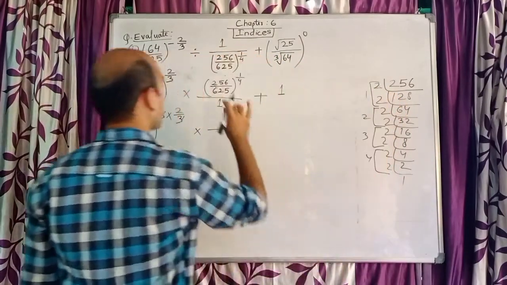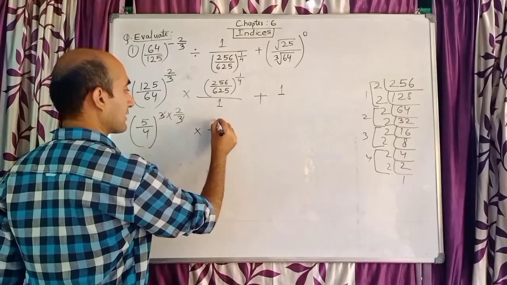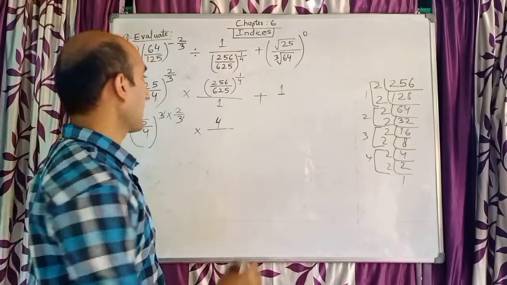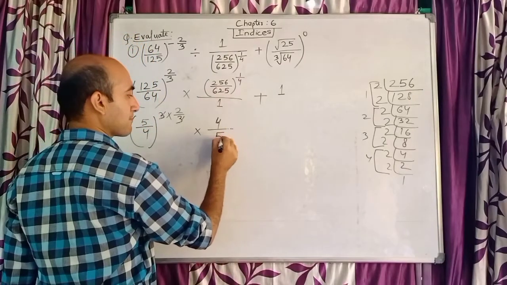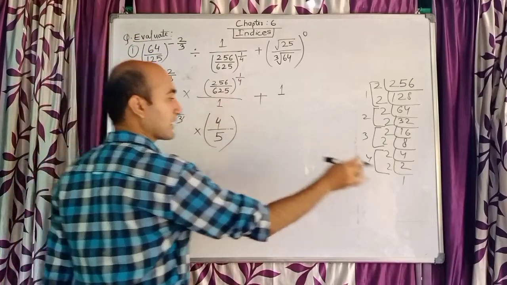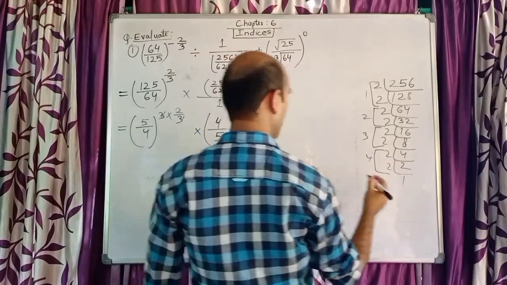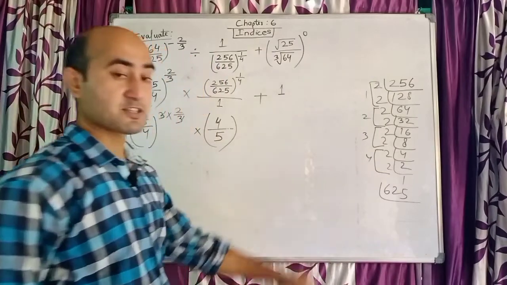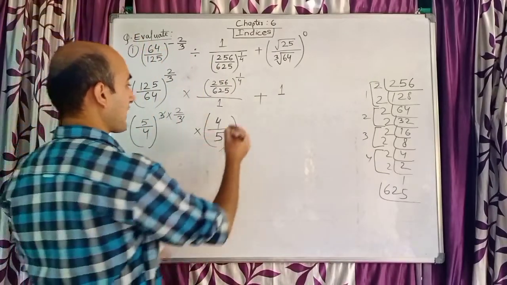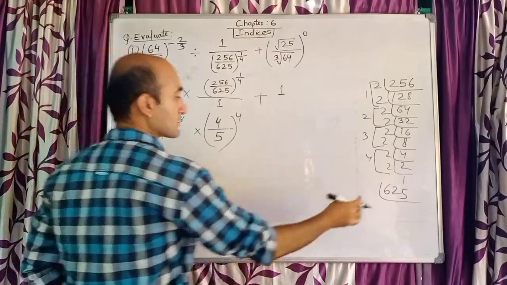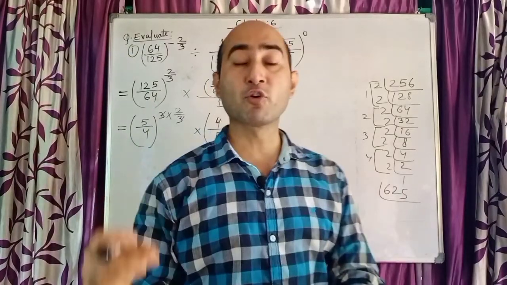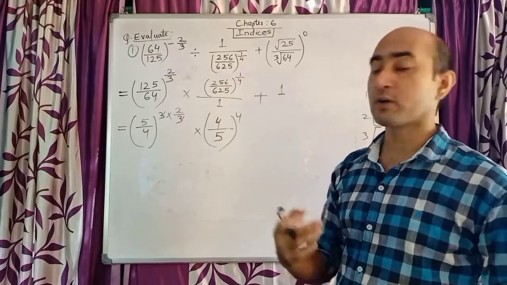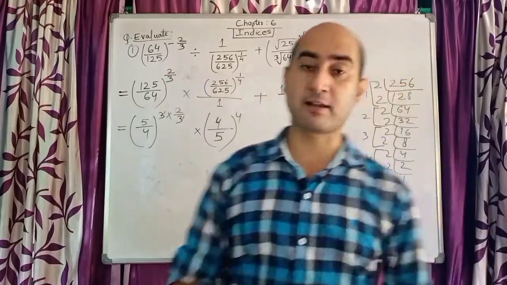That means 256 is the power 4 of 4, and 625 is the power 4 of 5. That you can do in the same way. You write 625 and then you factorize this way. You will get 5 power 4. That means 625 is the power 4 of 5 and 256 is the power 4 of 4 itself.